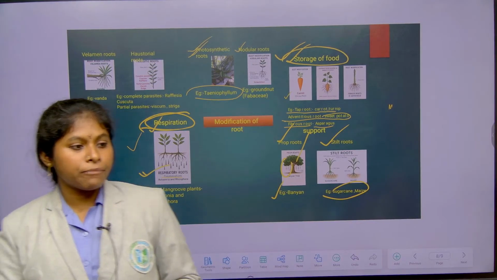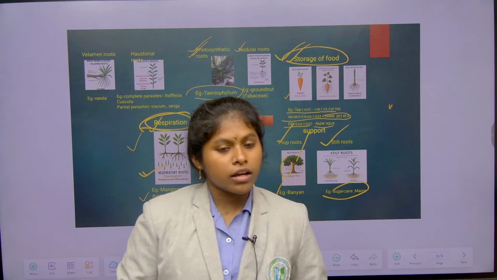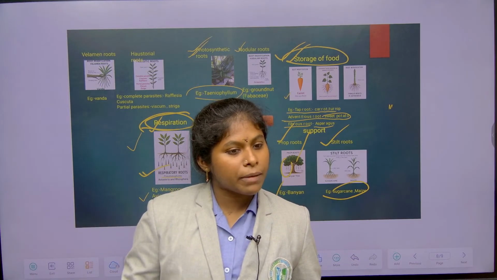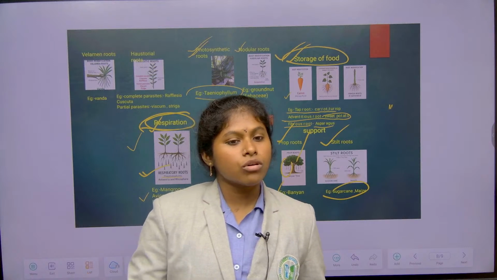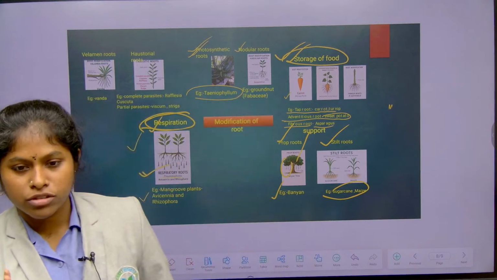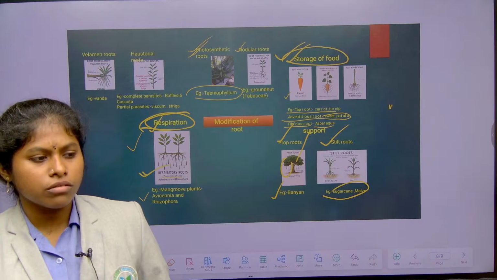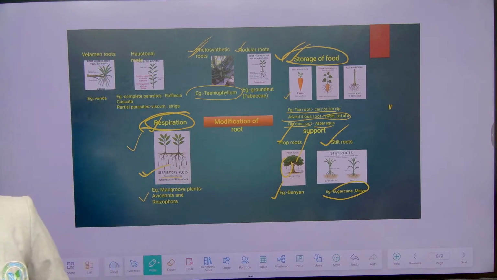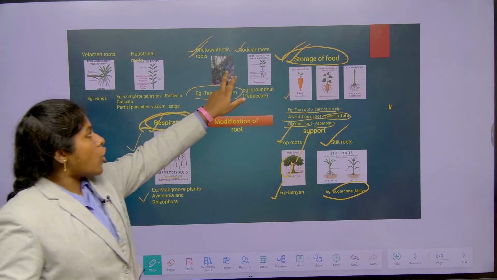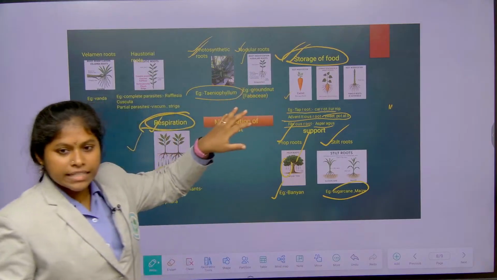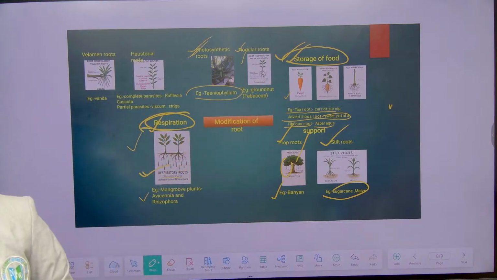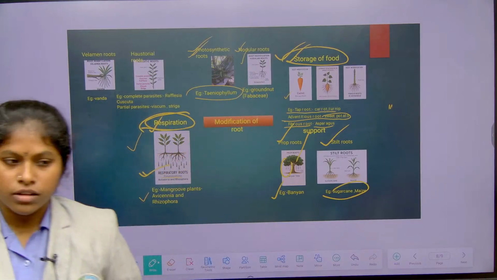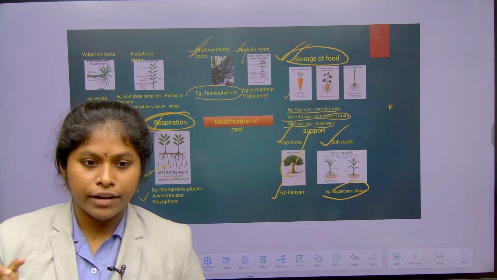So do plants have that mechanism? No. Plants also don't have that mechanism to break the nitrogen directly. The organisms that have that mechanism to break down nitrogen are bacteria. So when they show a symbiotic association with the plants, by staying in their root nodules, they break the nitrogen and give it to the plant.